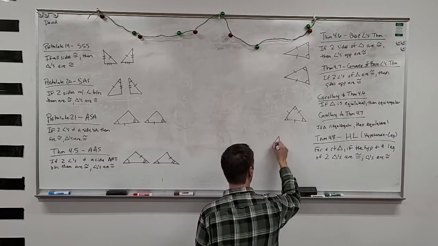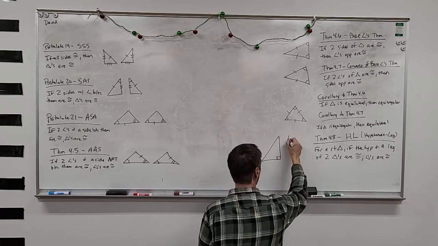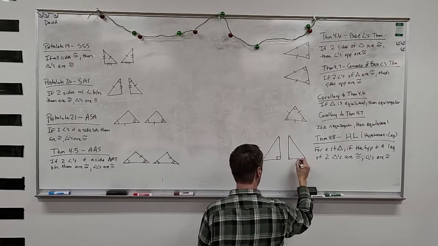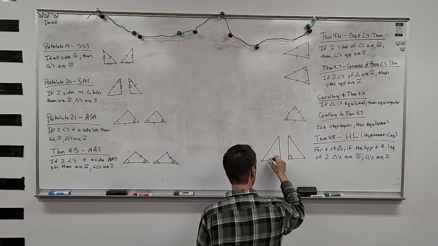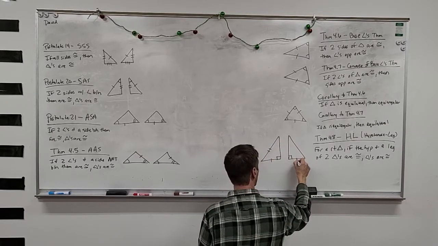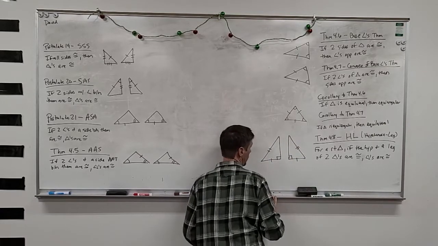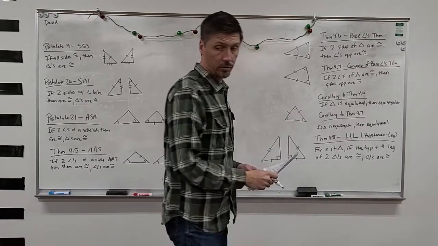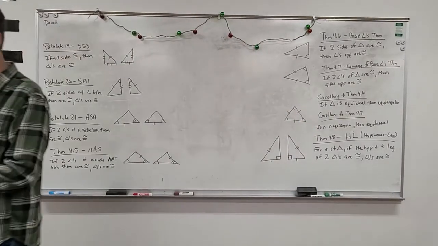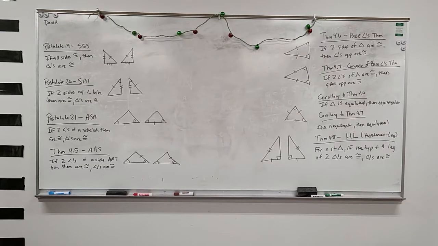So we have right triangles here. This only applies to right triangles, and if you've got right triangles, all it takes is one of the legs and the hypotenuse. We have to know the hypotenuse is congruent in order to use this one.